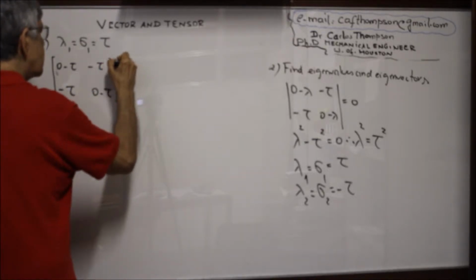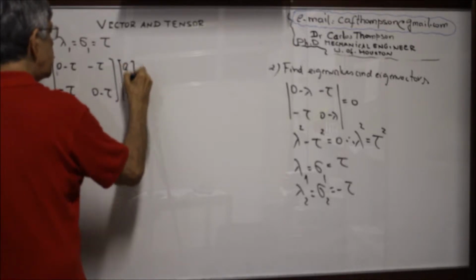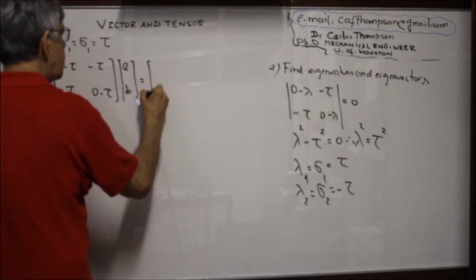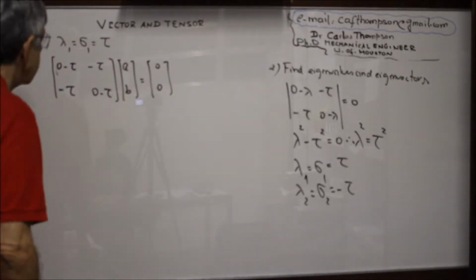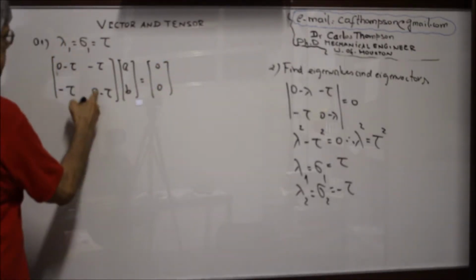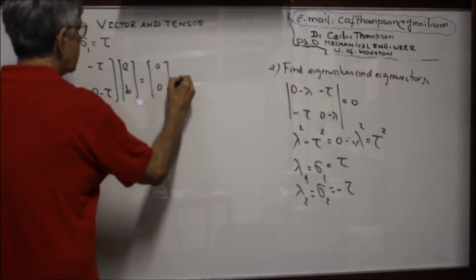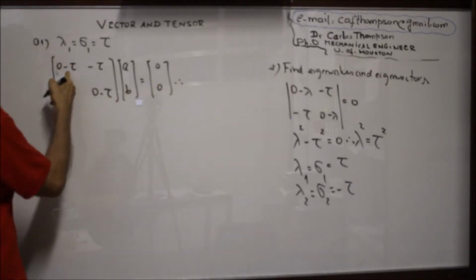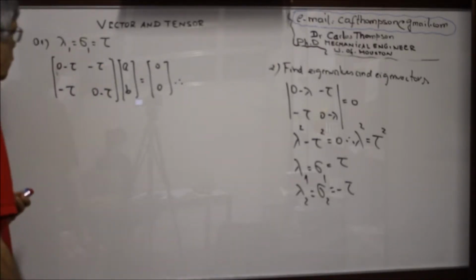Let's put A and B, and this will be 0. This is the definition of eigenvalue and eigenvector. So this will be tau square.